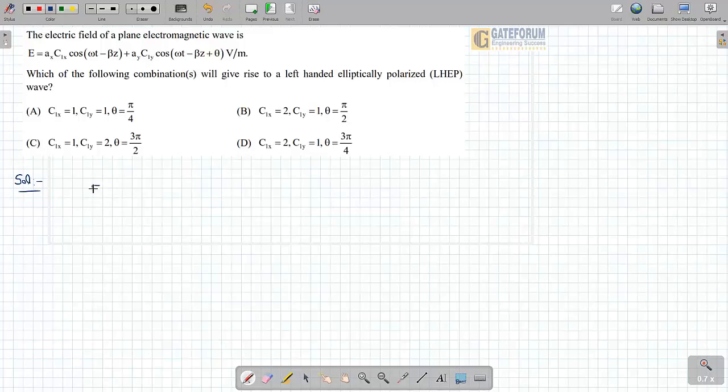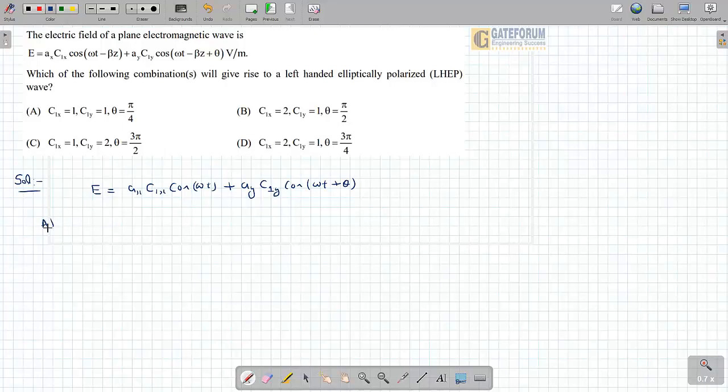So the electric field expression can be written as Ax C1x cos omega t plus Ay C1y cos (omega t plus theta). Okay, so one by one we will put the values and check the kind of polarization.